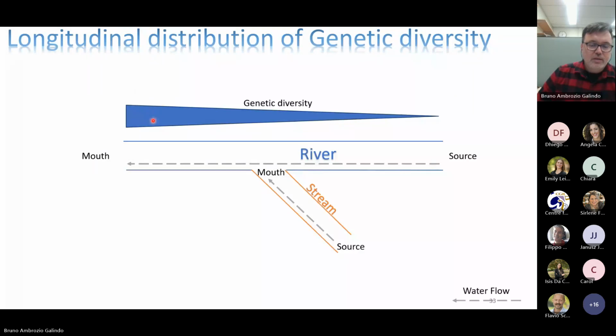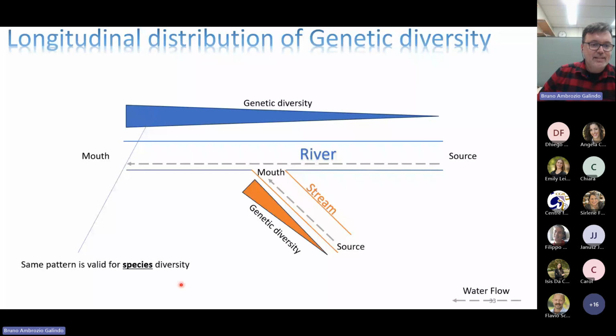So why does this genetic diversity increase towards the mouth? I would like to say that the same pattern is valid for another level of biodiversity, the species level.